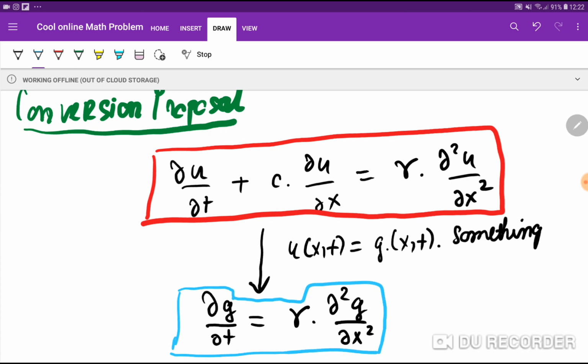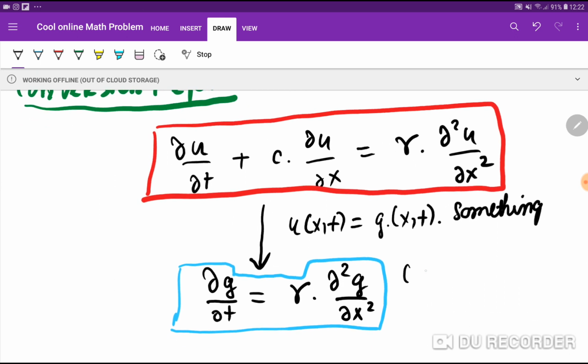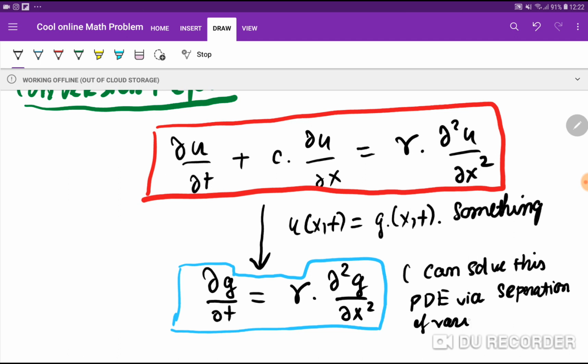The equation in blue, the partial differential equation in blue, is something we can solve via separation of variables.